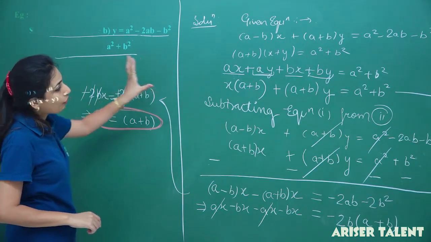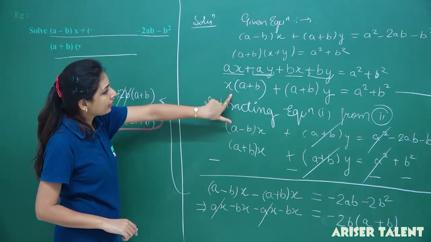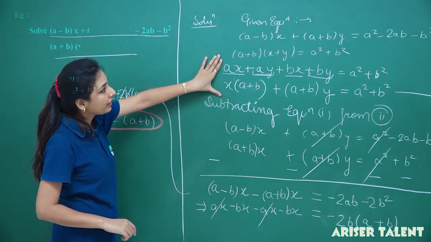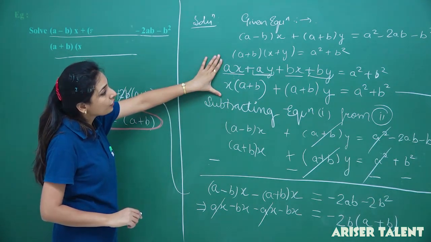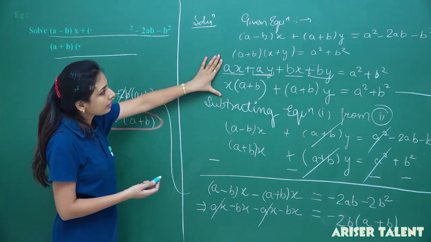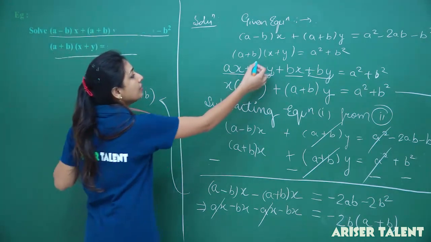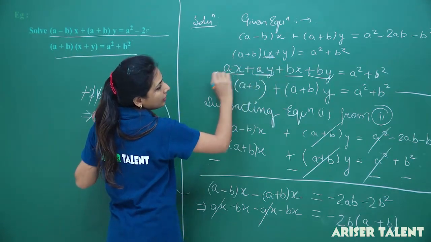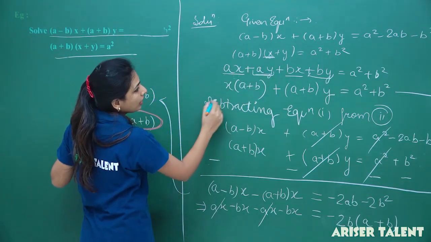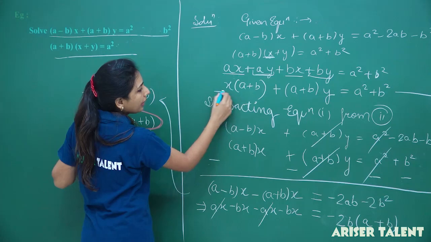We have done it from there. Now what we did, we just subtracted them. So we can find the value by using any equation here. Okay, I'll pick which equation? Let's suppose this equation, right?